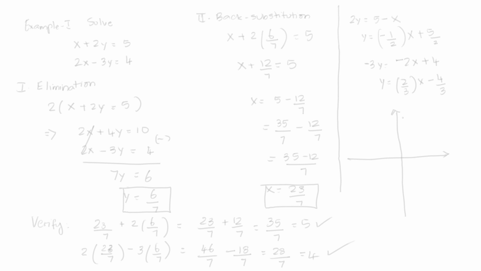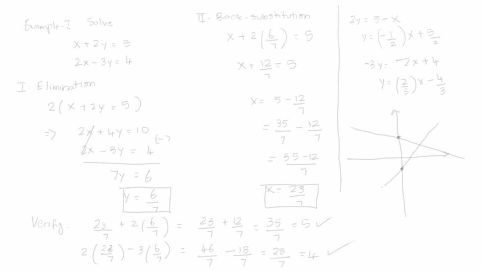It has an intercept at 2.5. Perhaps I could draw it like that. The second line has an intercept of negative 4 over 3. Perhaps it's over here, and it is increasing because the slope is 2/3. So I arbitrarily draw that line.